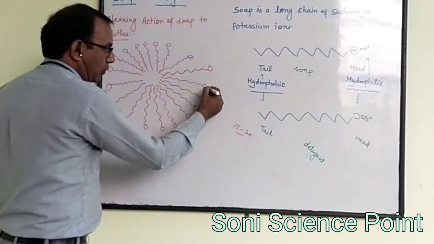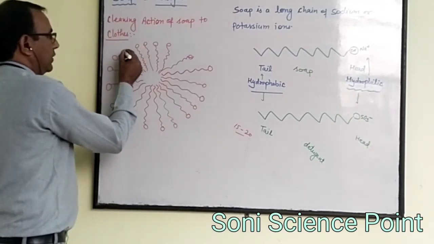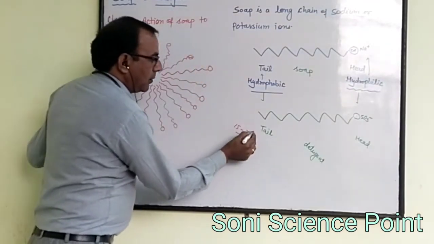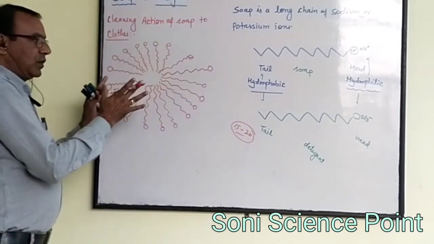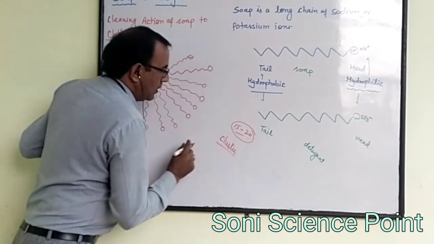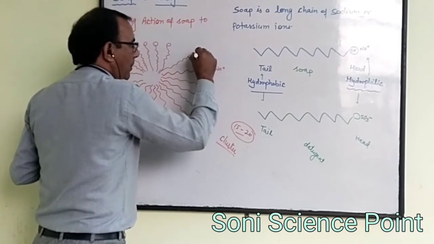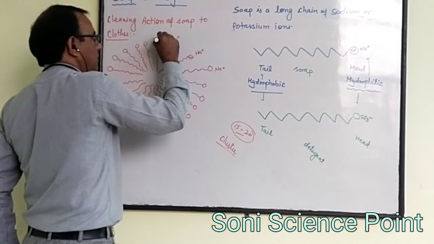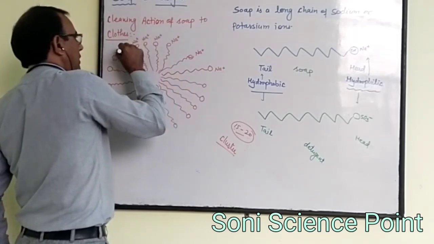It contains 15 to 20 molecules of such structures, which make a cluster in which the head remains upwards or on the upper side of the water, because this is reactive with the water, whereas the tail remains inside the water.